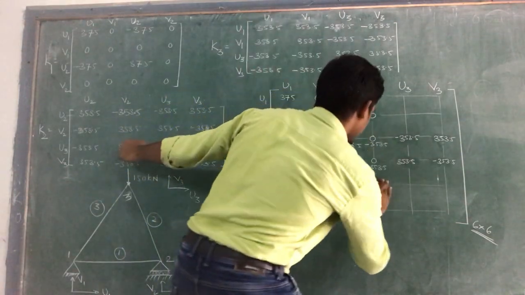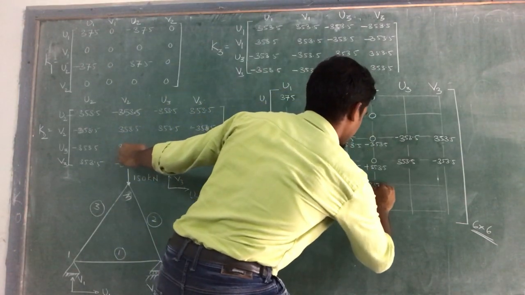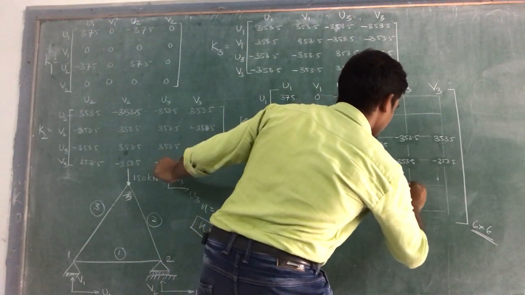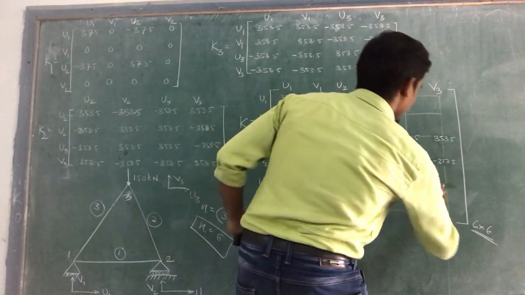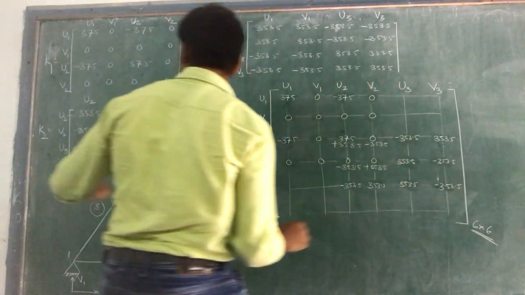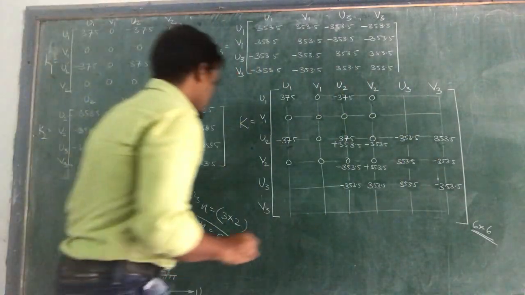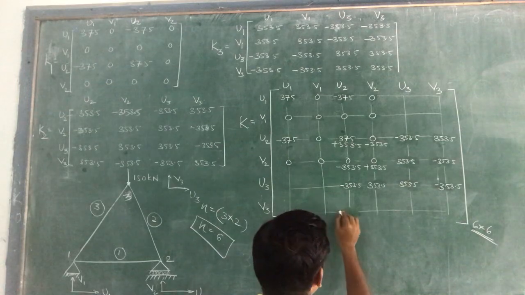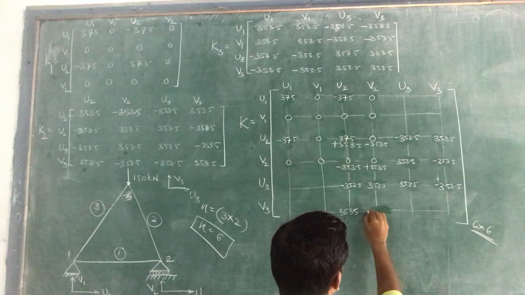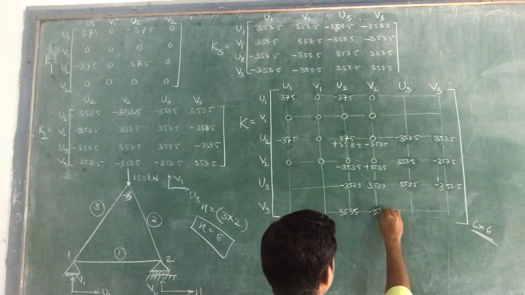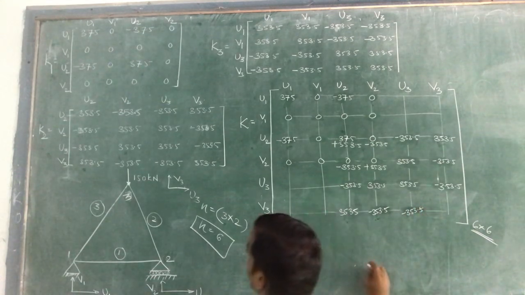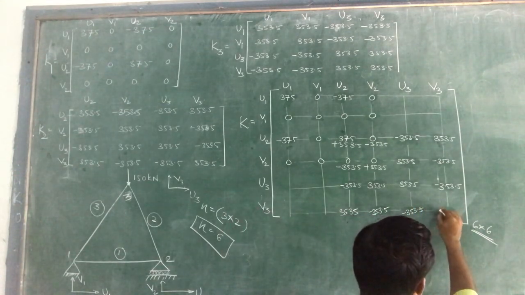This element 353.5 minus 353.5. Last row 353.5 minus 353.5 minus 353.5 and last element 353.5.